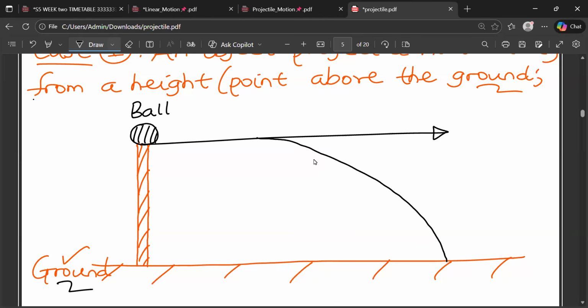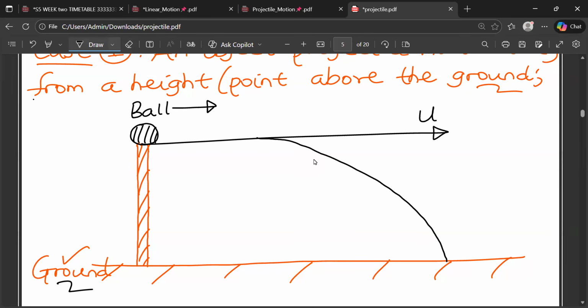Now, I told you that when you push this ball like this, you're going to give it an initial velocity that it is going to move with. And I told you that that initial velocity is your u, and you know that u is velocity measured in meters per second.